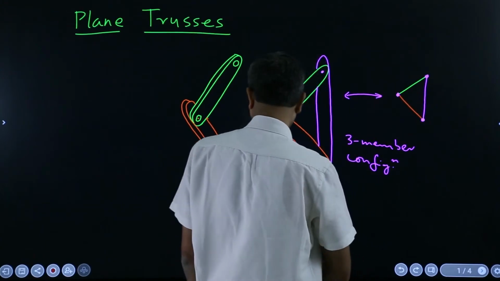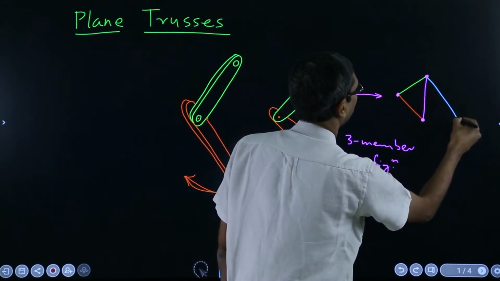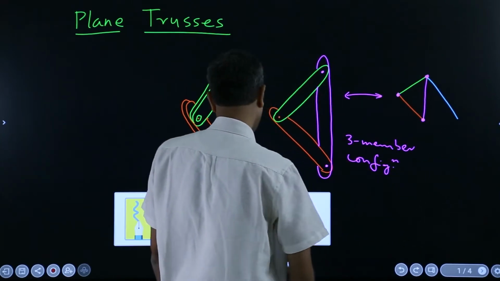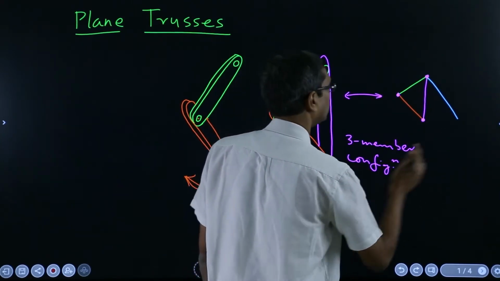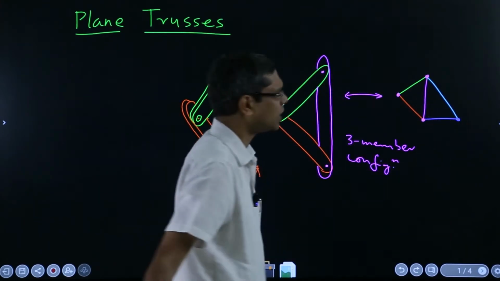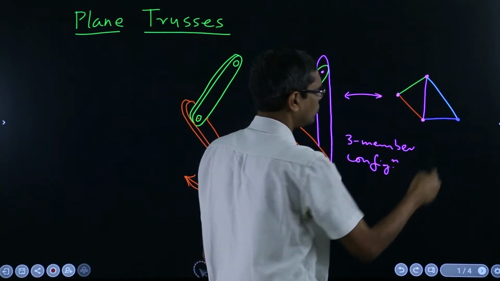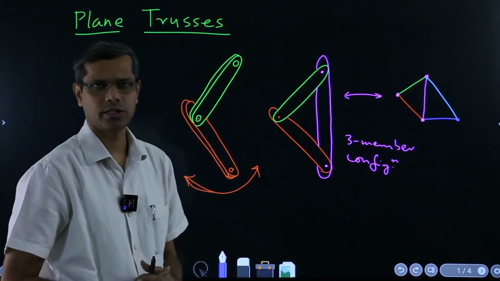Now if I join 2 more bars like that, and 1 more like that, again here you can't move anything, because this loop and this loop both of them are like rigid bars.